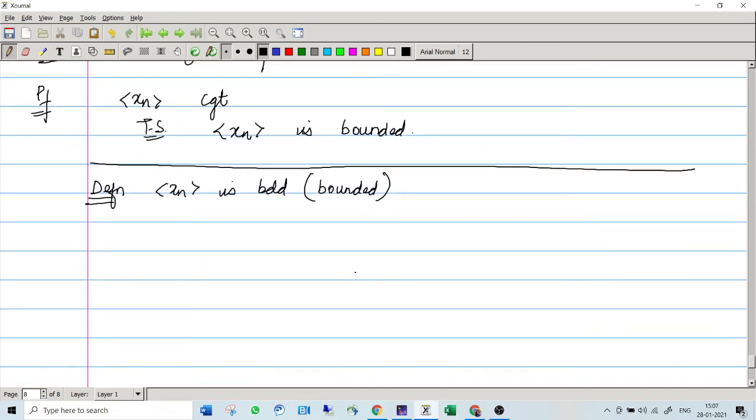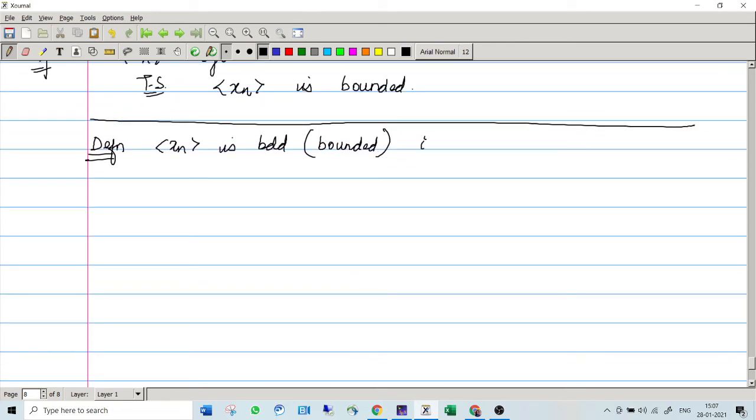So a sequence xn is said to be bounded if you are able to locate m and M, which are finite as we discussed, such that xn is between m and M for every n in N, then we call the sequence bounded, right?